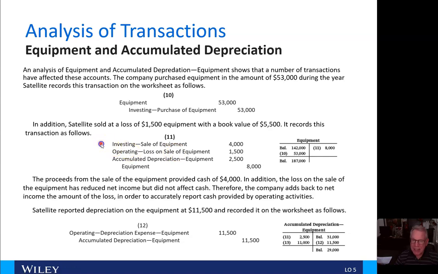The investing section gets a debit of $4,000 for the sale of equipment. The operating section gets a $1,500 debit for the loss on the sale of equipment, and accumulated depreciation on equipment gets another debit of $2,500, a total of $8,000 for equipment.